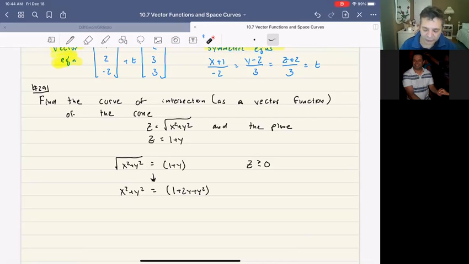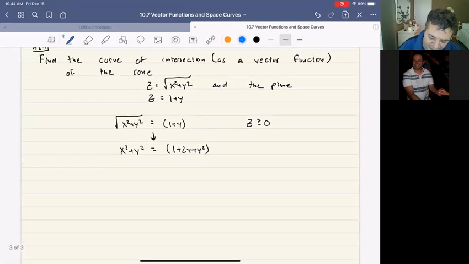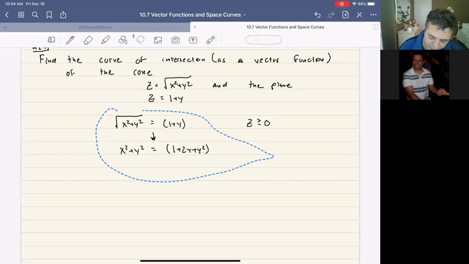Now we're going to solve this equation and see what it gets us. The y squareds cancel, right?